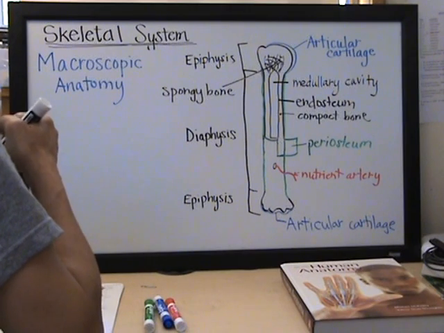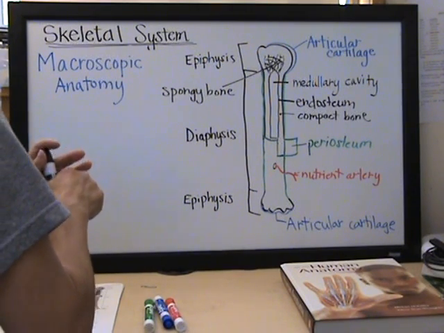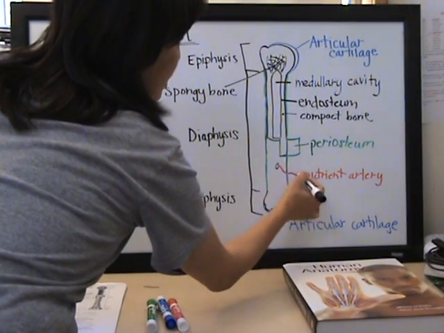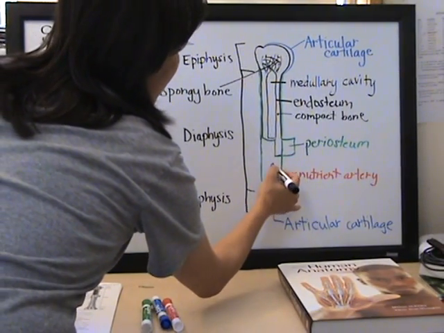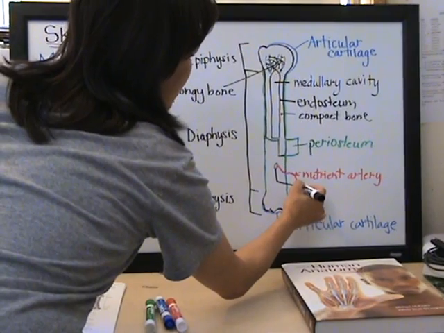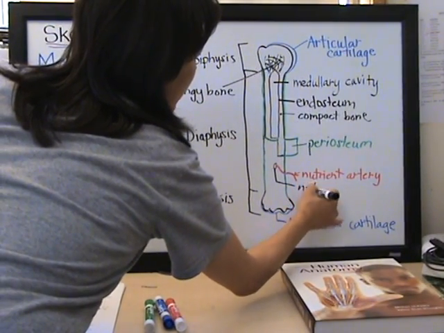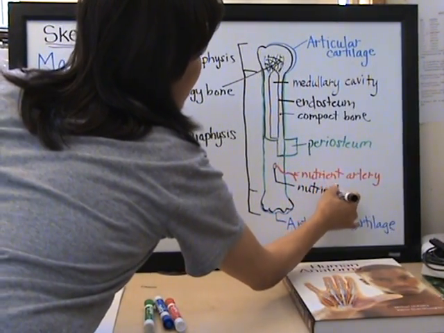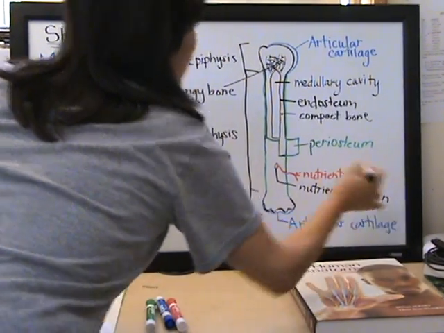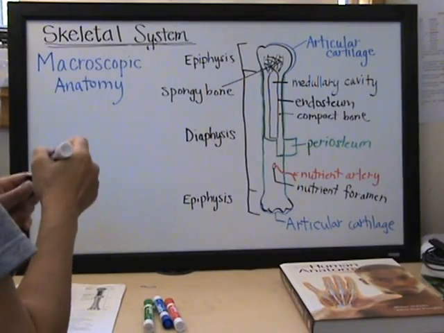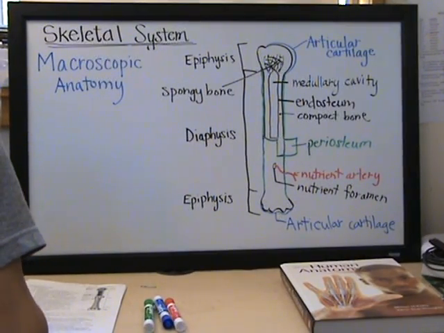So it's constantly changing, and it's a living tissue. And this nutrient artery enters and exits the bone through a nutrient foramen. A foramen is a round hole for vessels and nerves, and so this one provides nutrition.